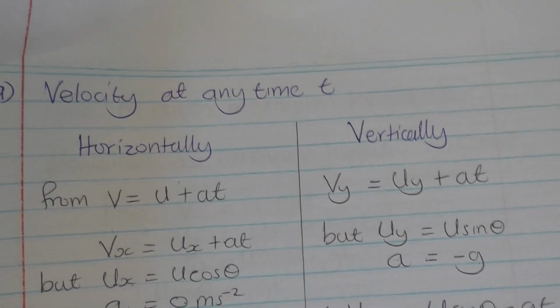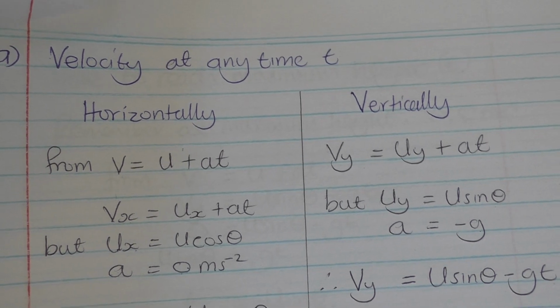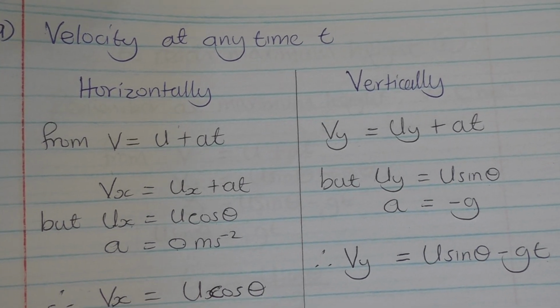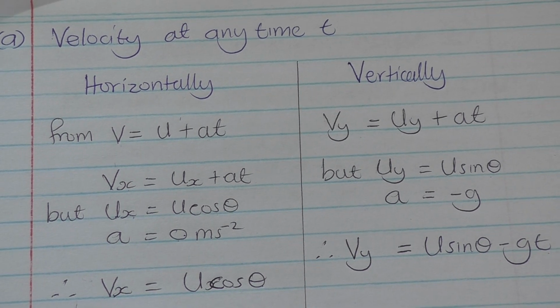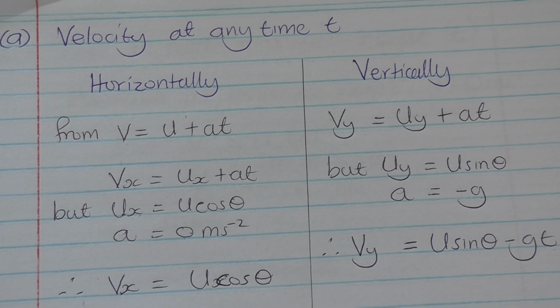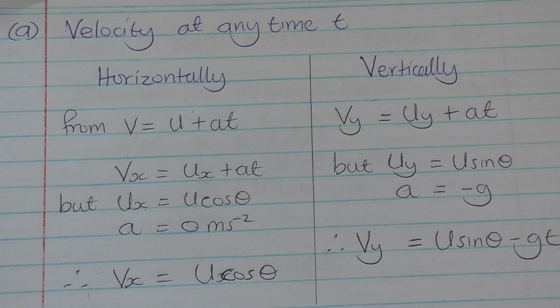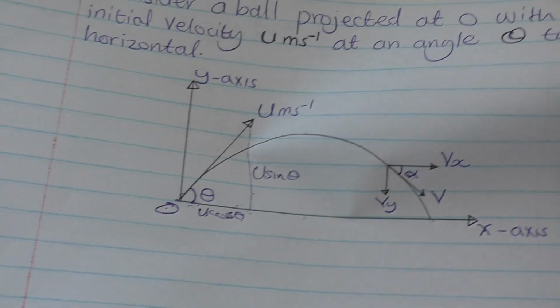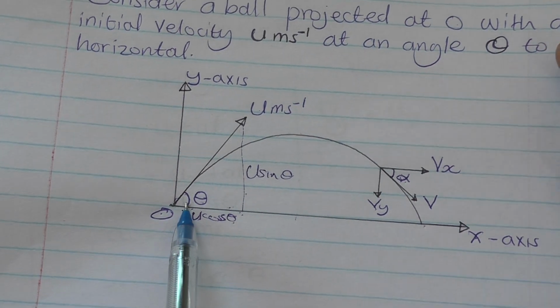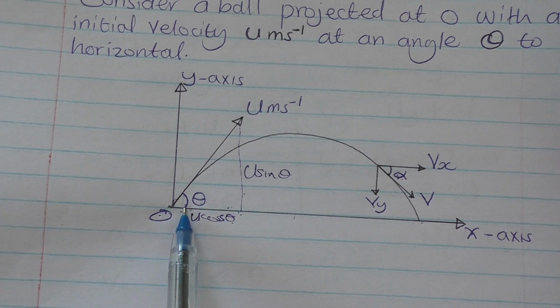So let us start with finding the velocity at any time. When finding the velocity at any time, we saw that at any time we have two components of velocity. We have the horizontal component and the vertical component. What causes the two components of velocity? When we come back to our diagram, velocity is acting at an angle.